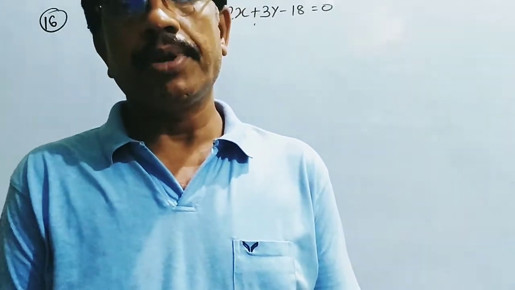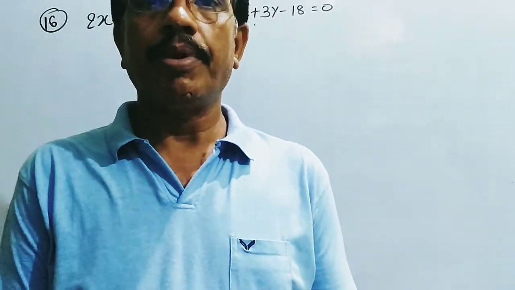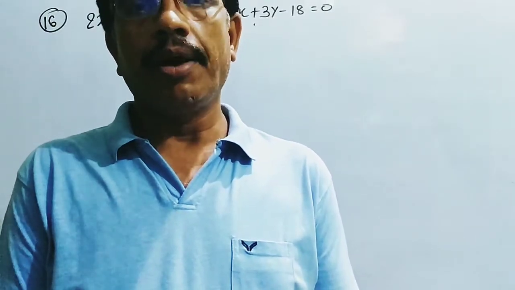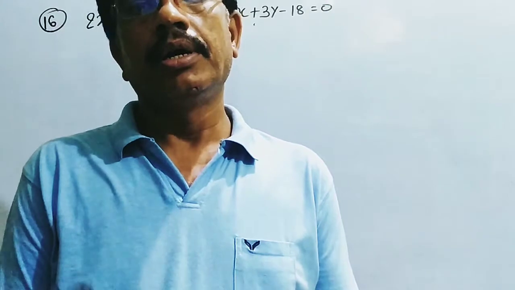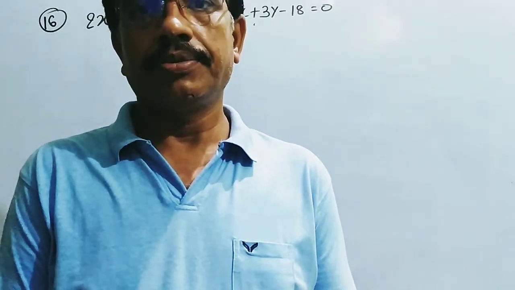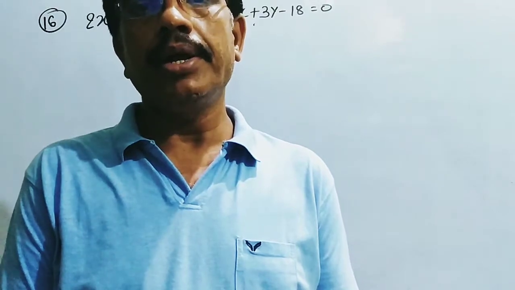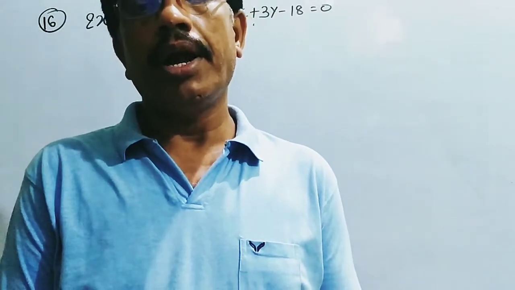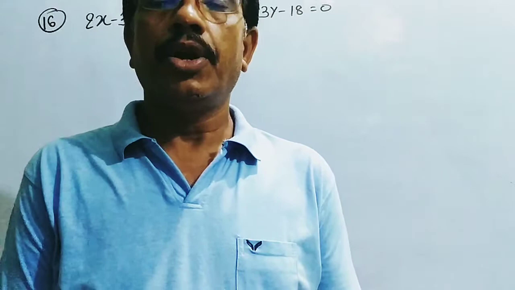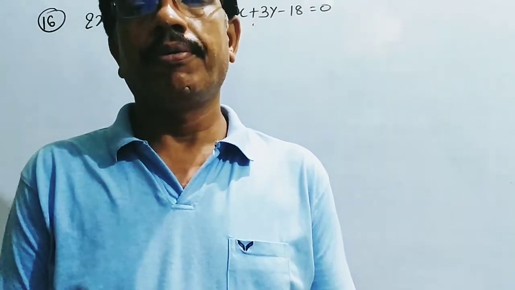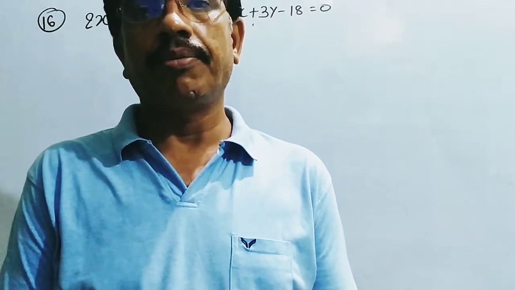Dear student, in the previous video I solved some problems related to the graph, that is, the area of a triangle formed with the x-axis and these two lines, and writing the vertices of the triangle formed by two lines of the graph and the x-axis. Today I discuss this type of question where you draw the graph and find the value of x and y.